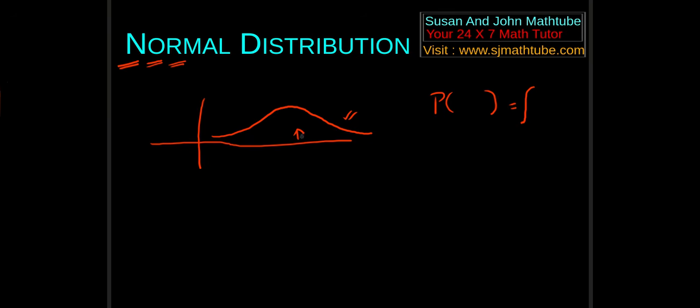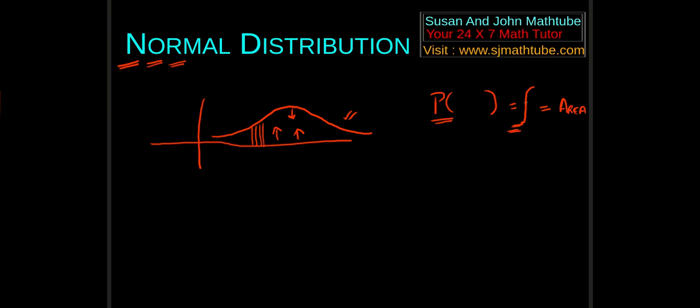And when a graph is above the x-axis, then integration stands for the area below the curve. Integration is basically continuous addition, but when the graph is completely above the x-axis, integration will be exactly the area. So probability implies integration, and integration implies area.